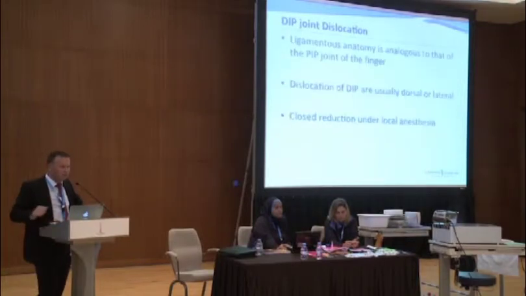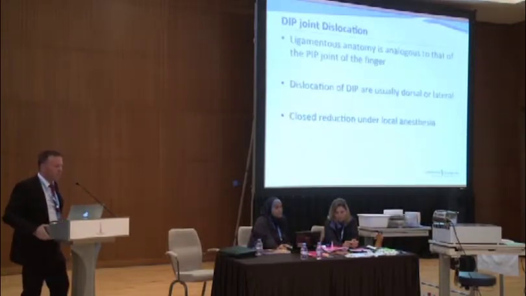The DIP joint has the same ligament configuration as the PIP. So you have a strong volar plate, and you usually have a dorsal or lateral dislocation of the DIP.